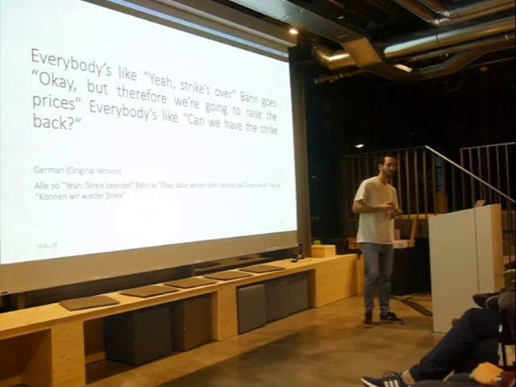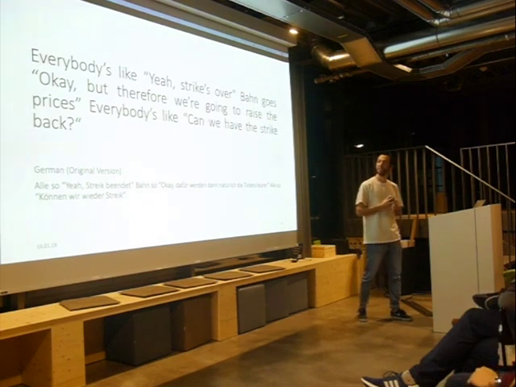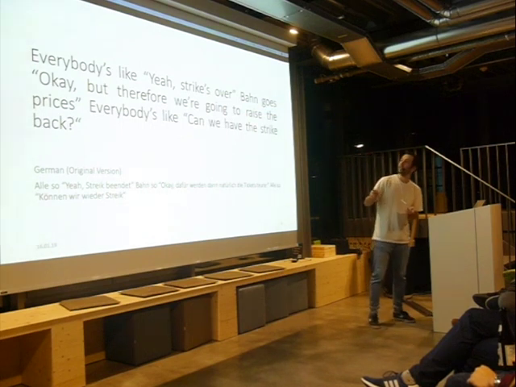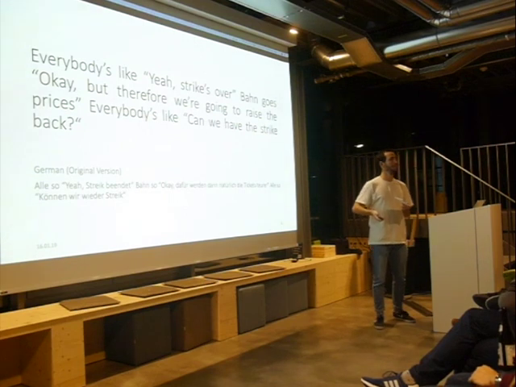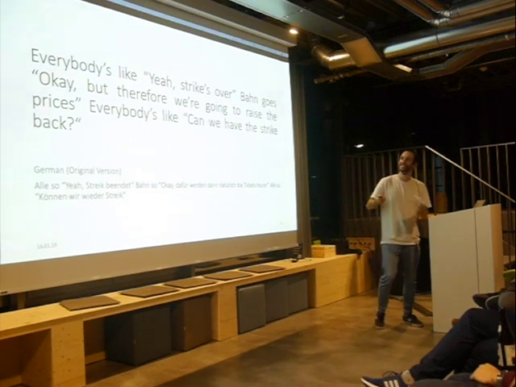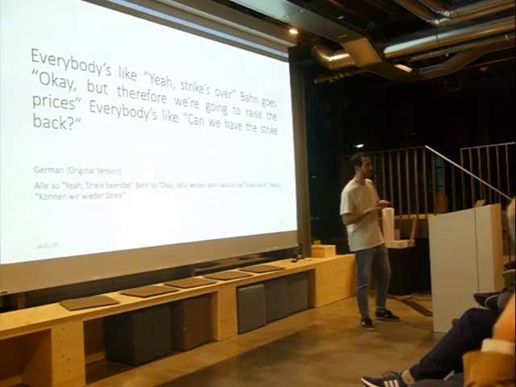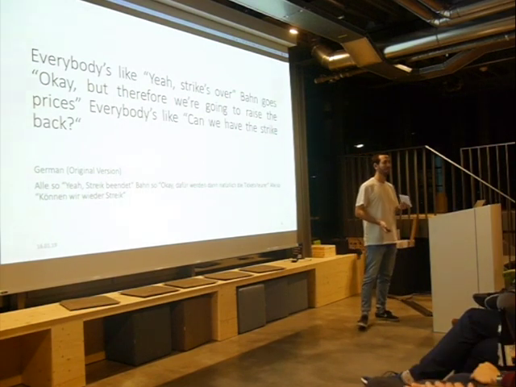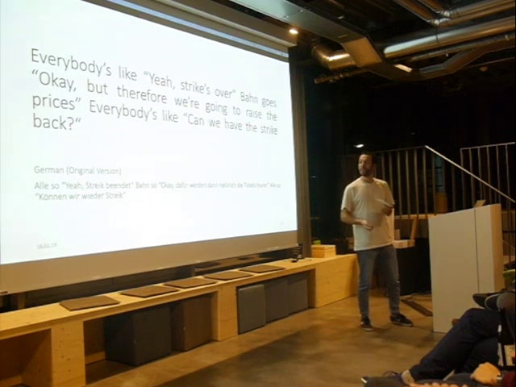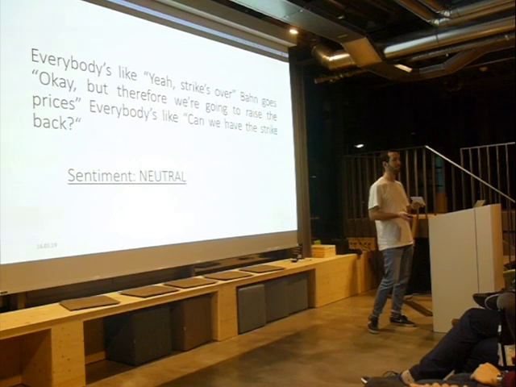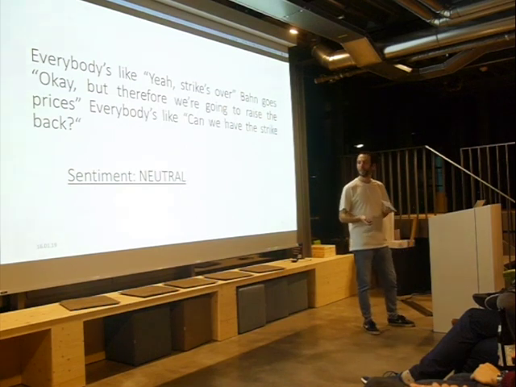This is a tweet about the Deutsche Bahn, and the user here is on one hand happy that the strike is over. Can you see the laser pointer in the back? Okay, sorry. And on the other hand, he's complaining about the Deutsche Bahn, that they are raising their ticket prices. So overall, we could label this tweet as neutral.